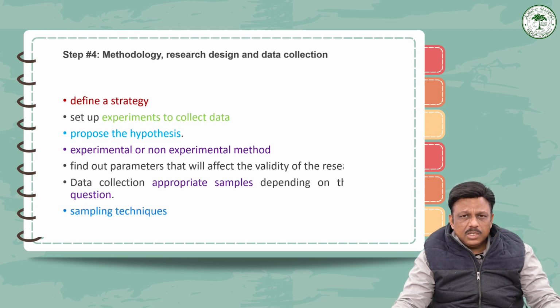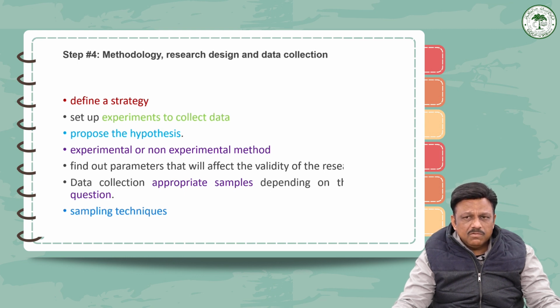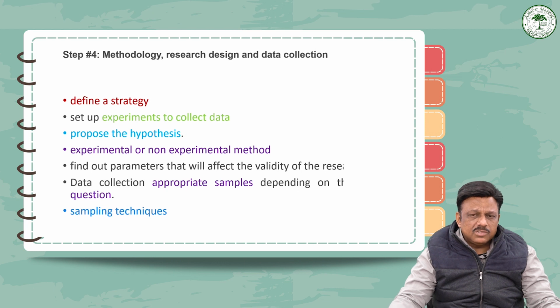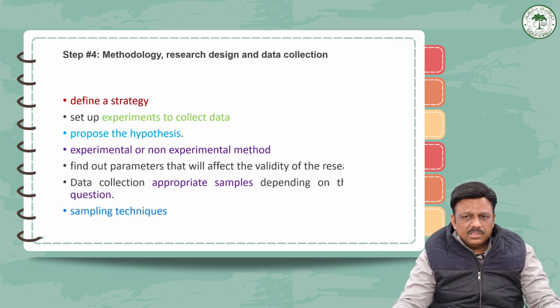Then the researcher will decide whether he will need an experimental or non-experimental kind of method for conducting the research. Now the type of research design will vary depending on the field in which the research is being conducted. And the researcher will have to find out parameters that will affect the validity of the research design. Validity is the acceptability of its design.